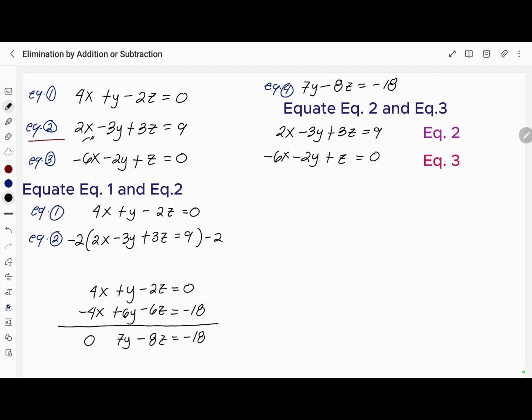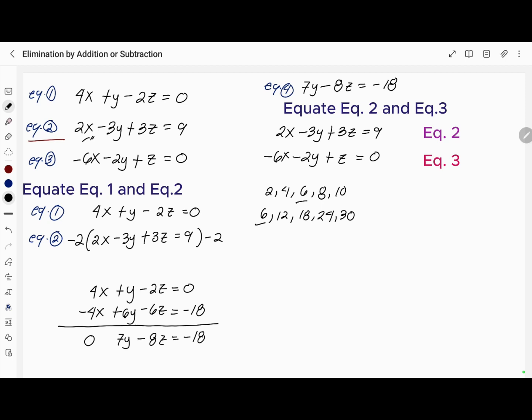Again, get the LCM and eliminate x. For equation 2, we have 2, 4, 6, 8, 10. For equation 3, we have 6, 12, 18, 24, and 30. So the LCM is 6.